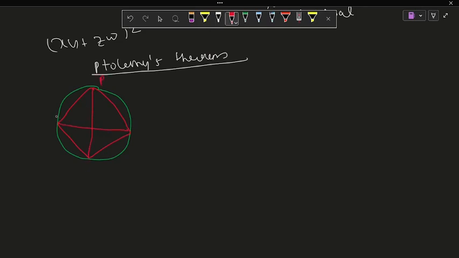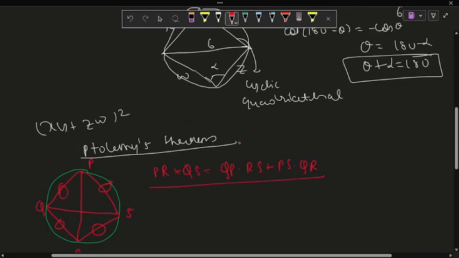Let these be P, Q, R, and S. So the theorem states that the product of diagonals, PR into QS, is simply equal to QP into RS plus PS into QR, which is the sum of the products of opposite sides. And hence we are going to use this theorem in our problem.